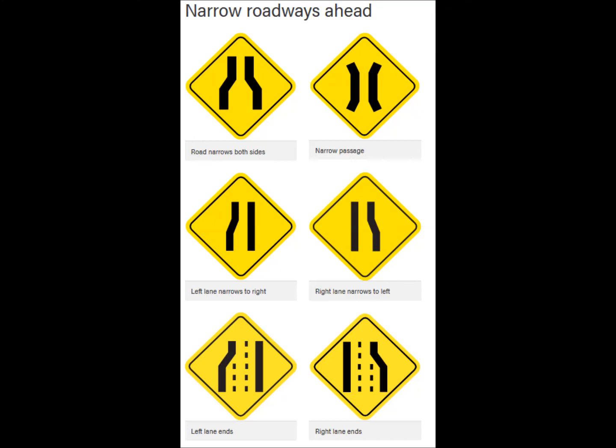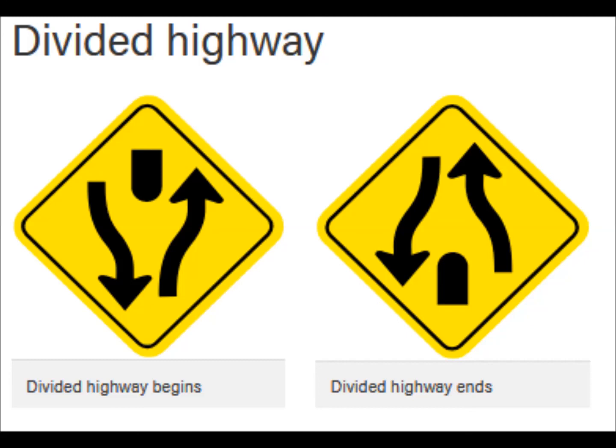Next to that is the second dotted line, and next to that is the second rectangle. They are both straight. Left lane ends. Divided highway.